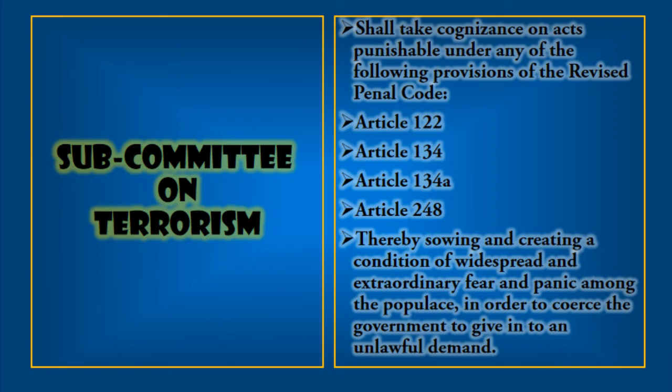Article 134 speaks of rebellion or insurrection. Under Article 134-A, that is in relation with coup d'etat. And then Article 248, that is in relation with the crime of murder. So those are cases that have something to do with terrorism, okay, or the crime of terrorism absorbs them.